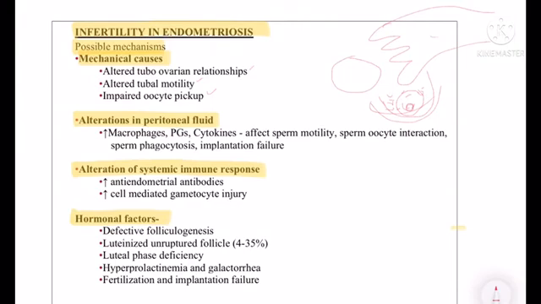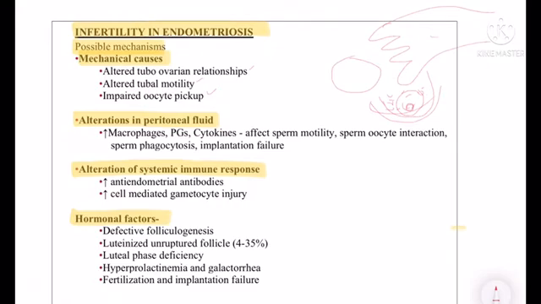So here we can see that there is an inflammatory process going on. As a result of the inflammatory process, there will be an increase in different cytokines and prostaglandins, and that changes the peritoneal fluid consistency or chemical composition.